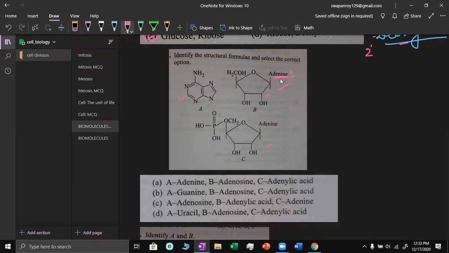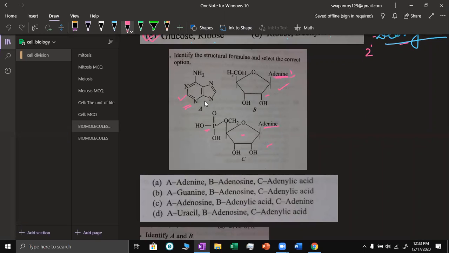This one contains sugar, nitrogenous base, and phosphoric acid. So what is this?